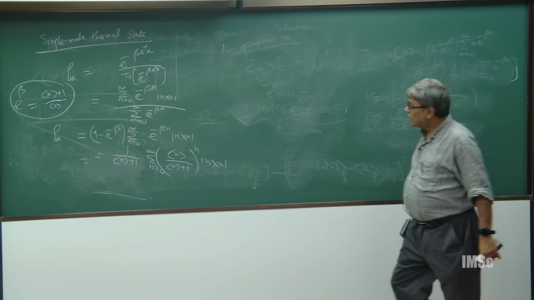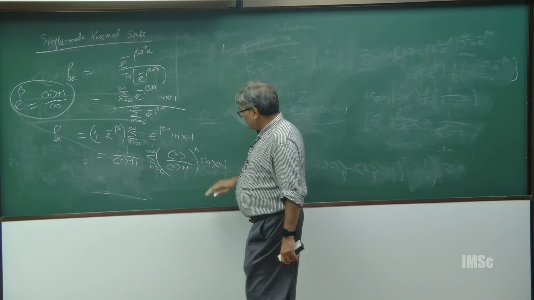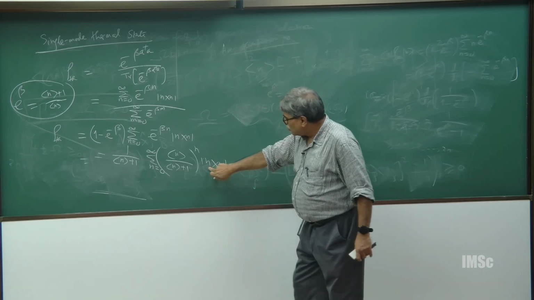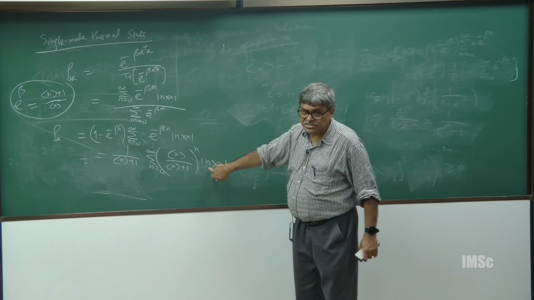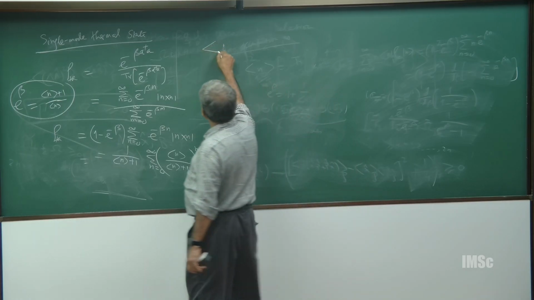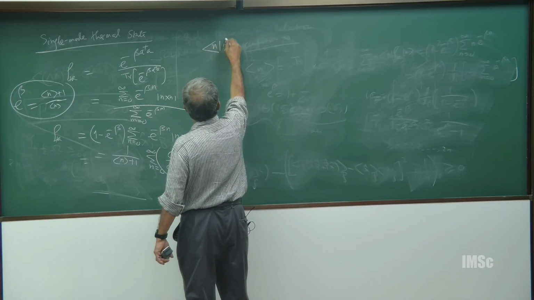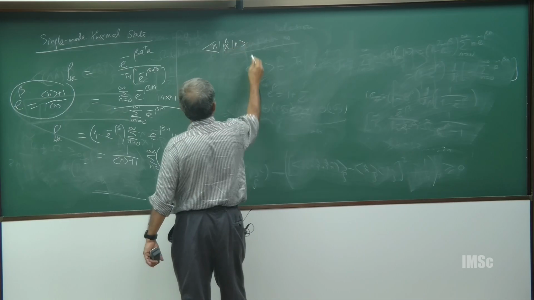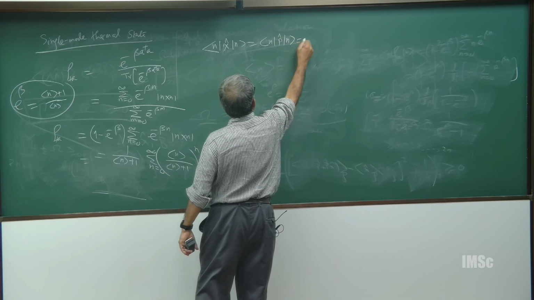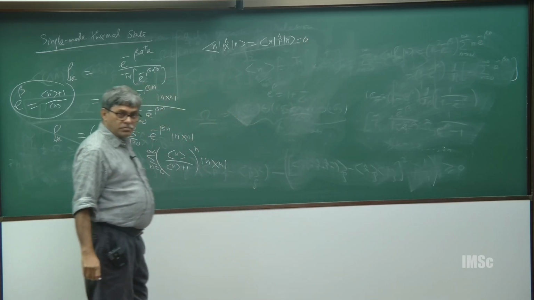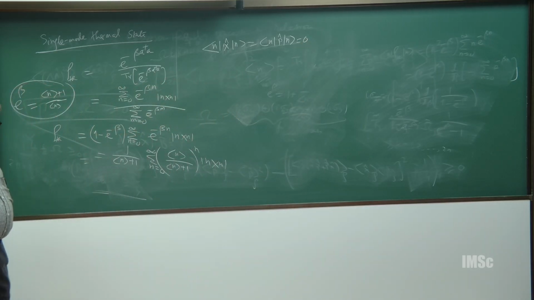Okay. So, look at here, this is a Fock state, occupation number state. For any occupation number state, the average of position and average of momentum should be 0, right. This is always the case, right.